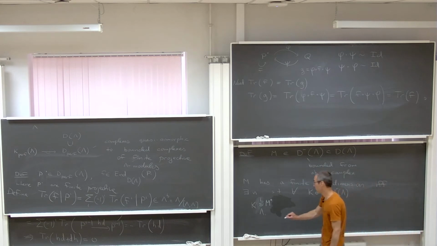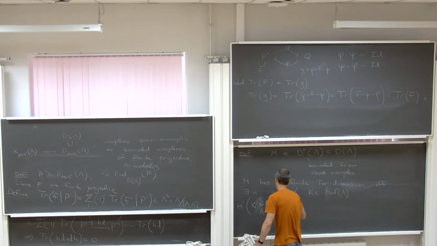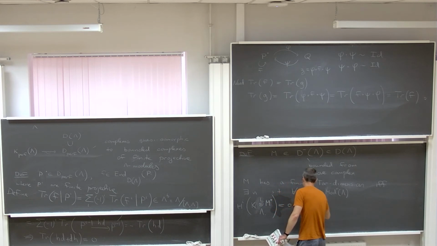And what I want is that H_i of this is 0 for i less than n.